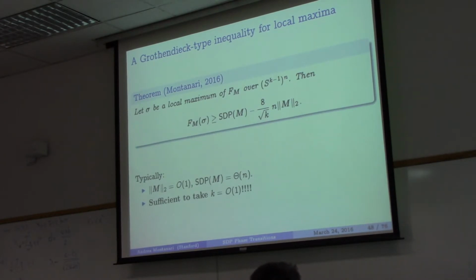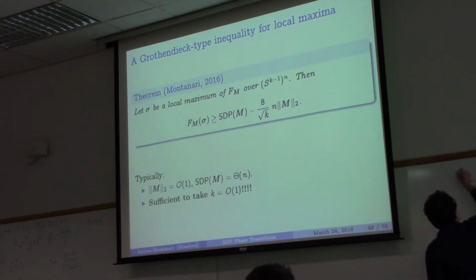You have this convex function, and here the optimum of the convex problem is SDP of M. And now I have this non-convex function for some finite k, say k equal 20. And this is some local maximum. So take any local maximum, and take the difference between this and that.